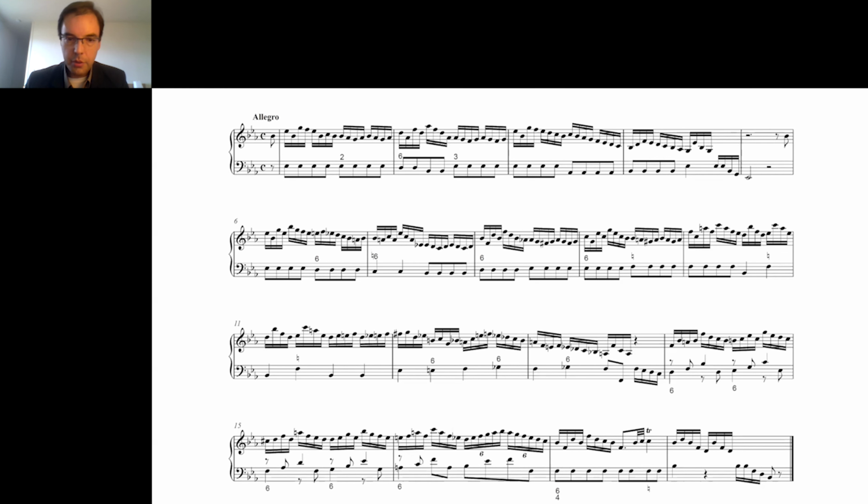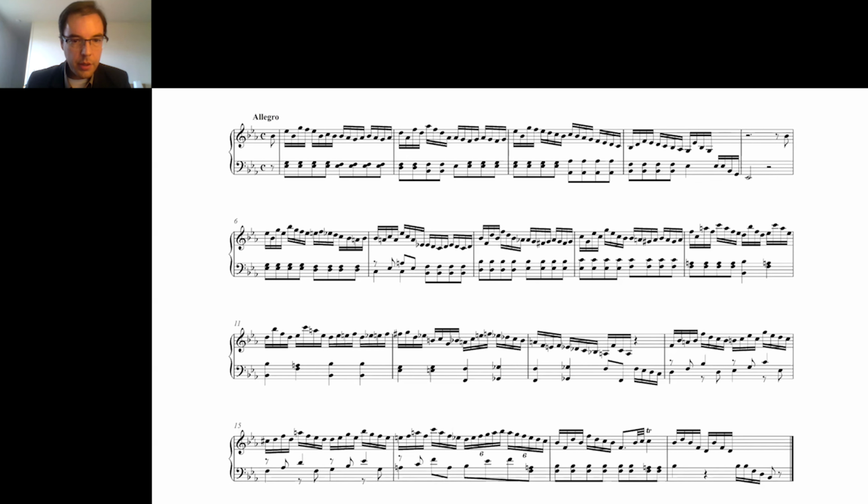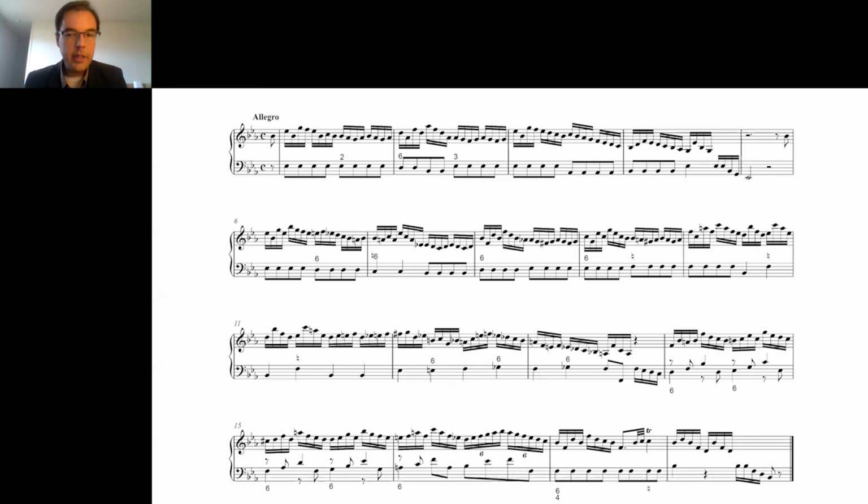And I'll just go back to the original one so you can compare. So, for example, in bars 12 and 13, where there were octaves, I added a figure indicating the harmony which would fit that passage.